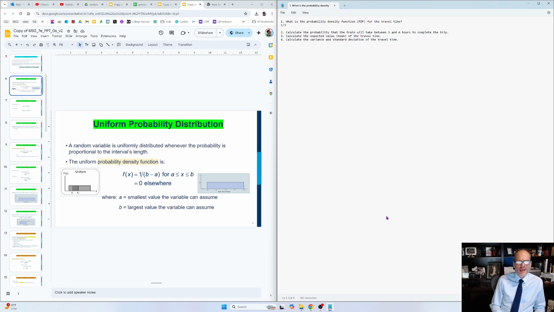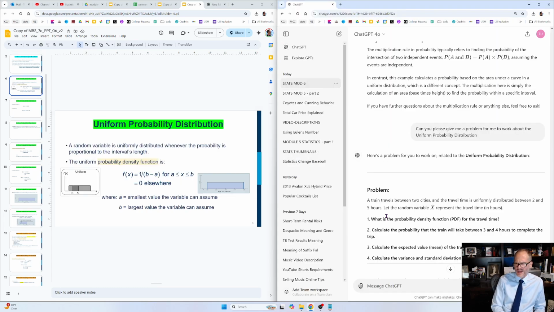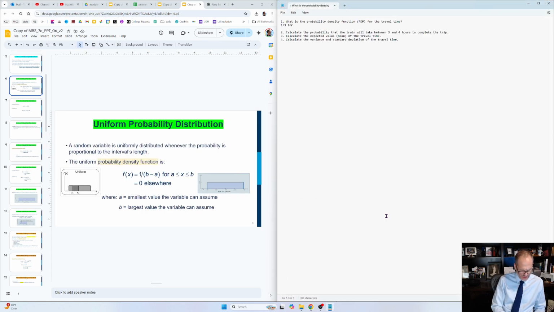And that's for x between 2 and 5, so 2 is less than or equal to x, which is less than or equal to 5. And I'll bring that closer like this. There we go.